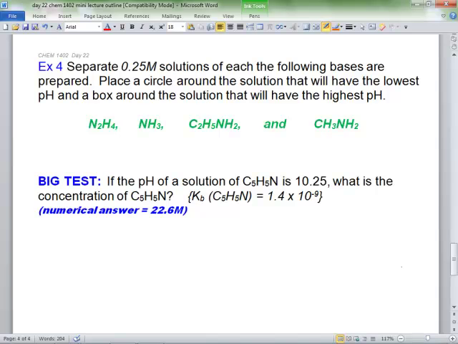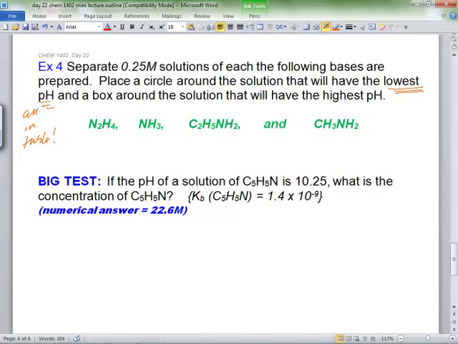Now, you're looking at these compounds. They're all found where? In the table. That's one hint. And the other hint is that the lowest pH, let's look at that one first.